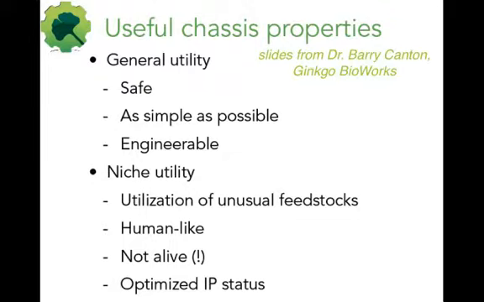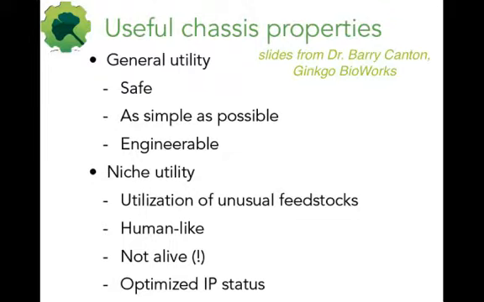The option of removing the smell from E. coli is a niche property that many chassis would not need, but that perhaps is extremely useful in certain cases, like the banana smell project. There are other niche utilities for chassis. Sometimes you'll want the cell to be human-like, sometimes you might want it to be not alive and just a sack of biochemicals. Sometimes the intellectual property status is going to be critically important to whether you can move forward on a project or not.